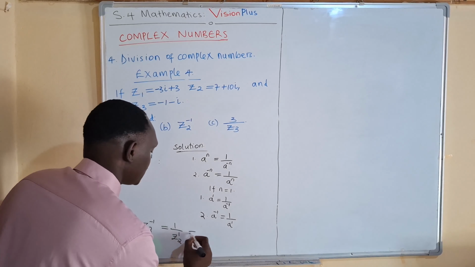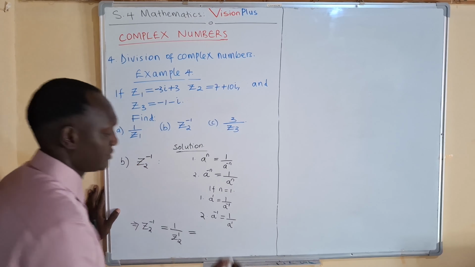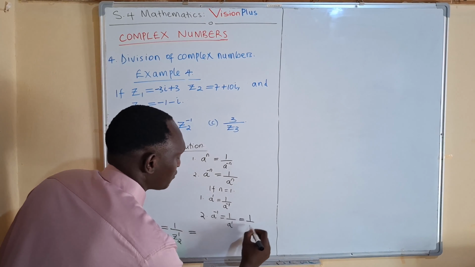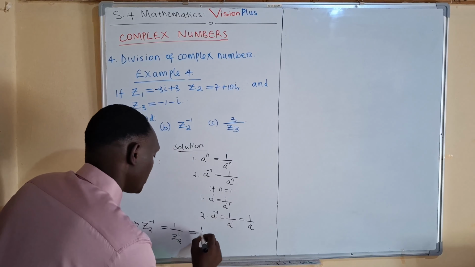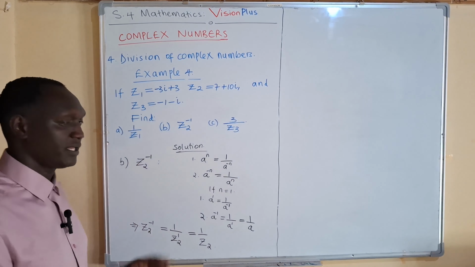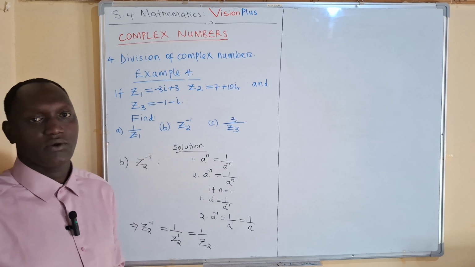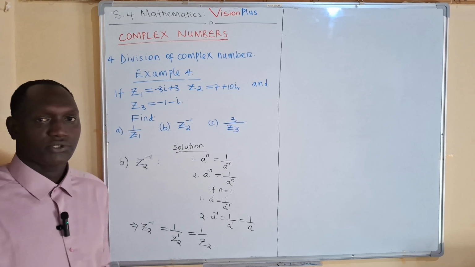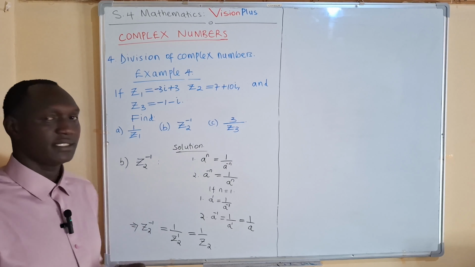In other words, we normally ignore the 1, so it is simply 1 over Z2. From here, you can use the knowledge of the solution to part A so that you can address part B.